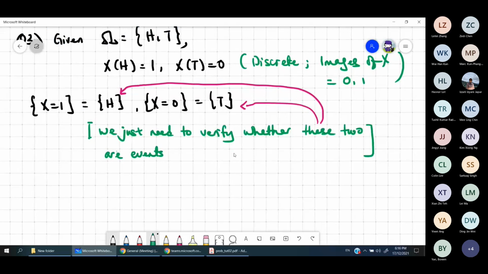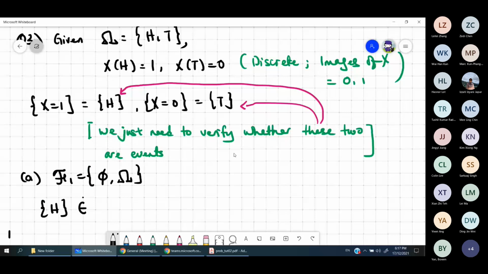Okay, now we have 2 parts, A and B. For part A, the first sigma field consists of only 2 elements here, the empty set and this. You can see neither one of them belongs to here. So in this case, this {H} is not an element in here.